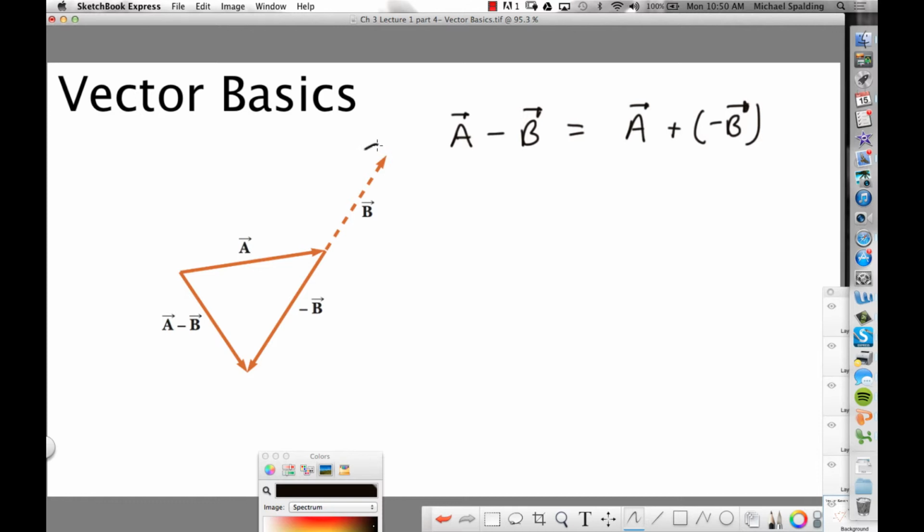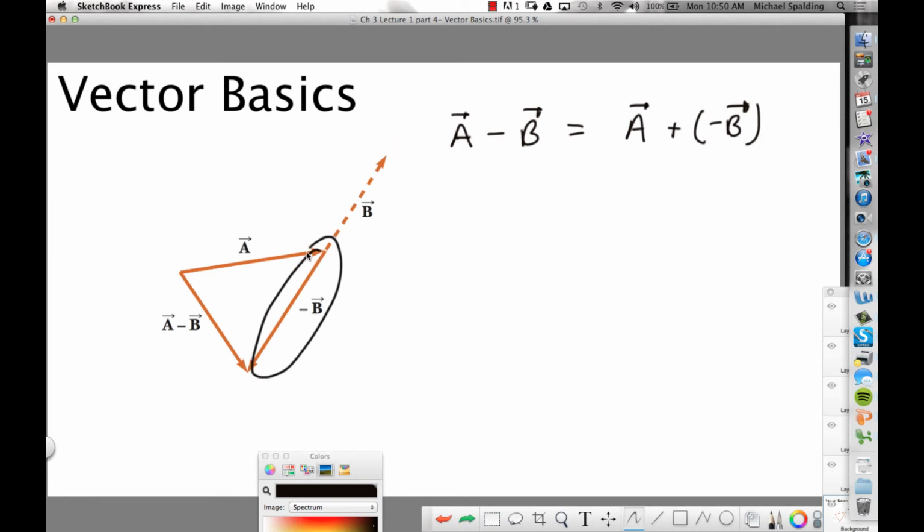What they're showing you in this diagram, this is vector B. See, they put it in there with dots. So if that's vector B, what would negative vector B be? The same thing, but the other way. And that's what this is.